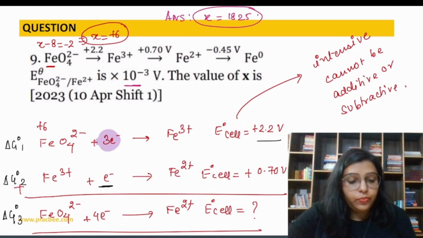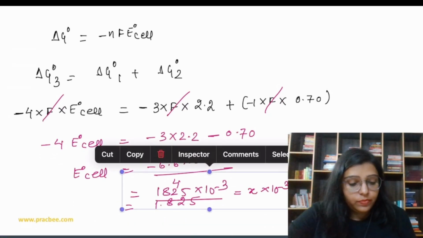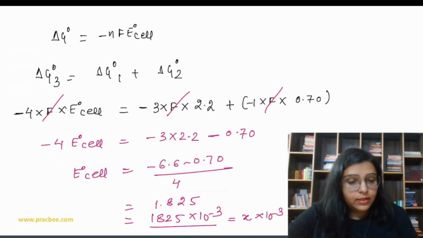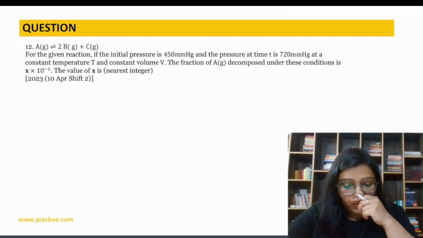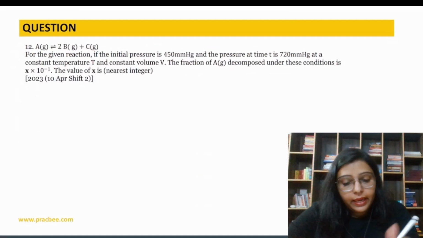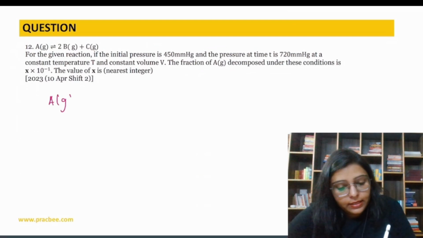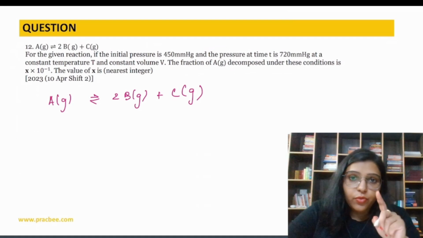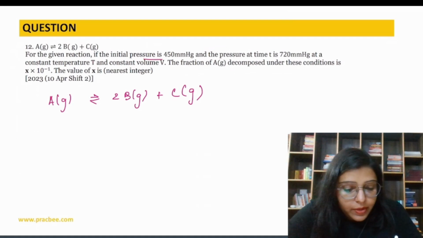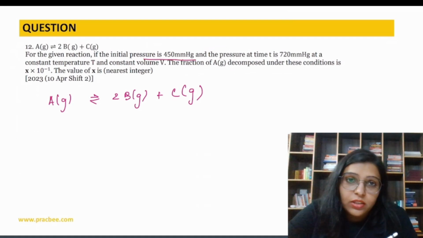Okay, now let's discuss the next question. A gas gives 2B gas plus C gas. The question says, for the given reaction, the initial pressure is 450 mm of Hg.